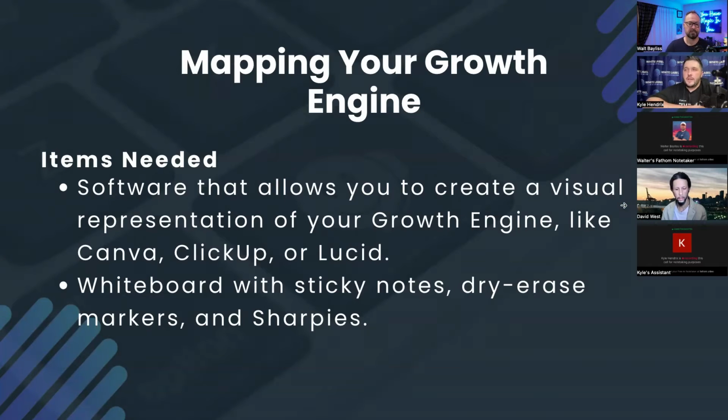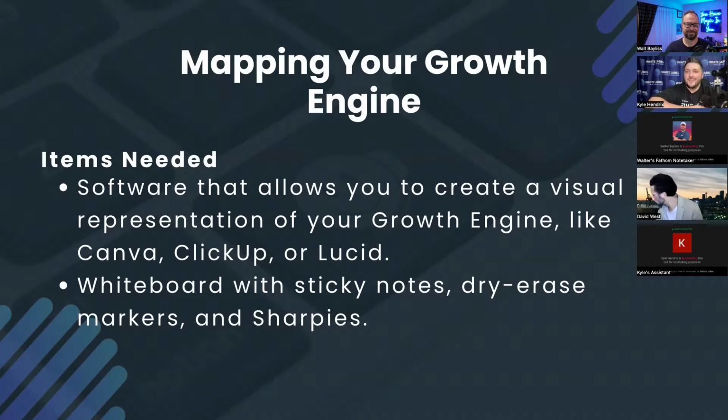What you're going to need, you can do this with software that creates visuals like Canva, ClickUp, Lucid, Miro. There's 1,000 different things out there that you can use for that. Or you can keep it old school, grab a whiteboard, some sticky notes, dry erase markers, Sharpies. Although I wouldn't recommend using the Sharpie on the whiteboard, keep that on sticky notes.